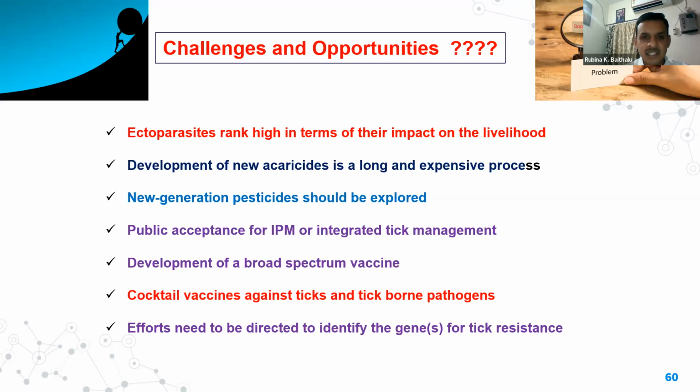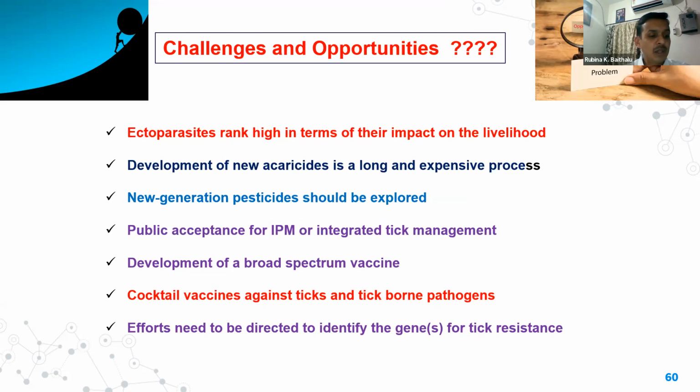Whenever you are using an insecticide or acaricide, we should use it judiciously. We should change the drug periodically, and use it in combination with other control methods like managemental control, cultural control or biological control. Then a new generation of pesticides should be explored, targeting the metabolic pathways or biomolecule synthesis pathways.